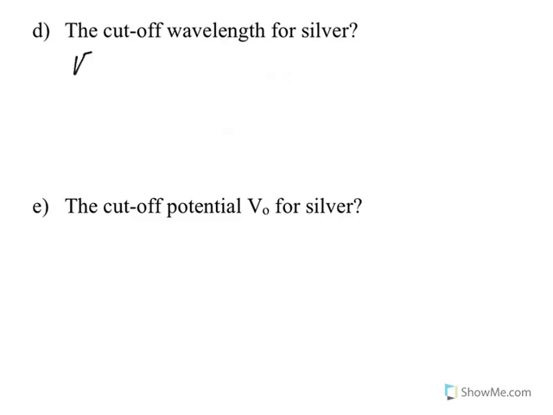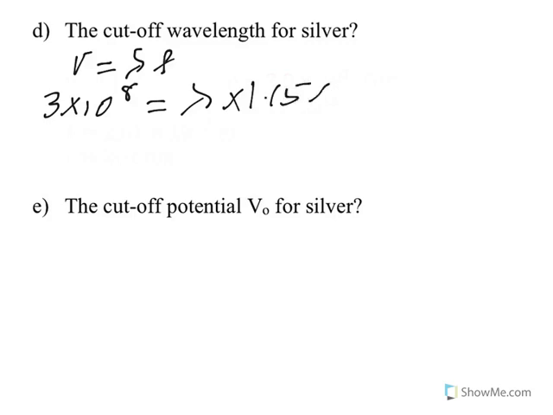Of course, the wavelength is related to the frequency by the speed, and of course we know the speed of light is 3 by 10 to the 8 times the frequency, which was 1.15 by 10 to the 15.